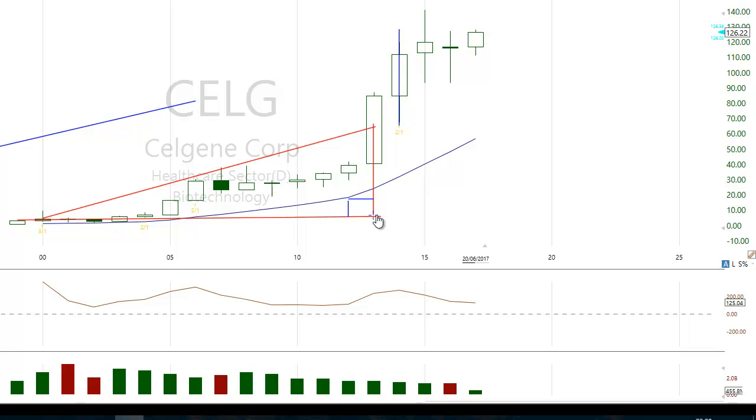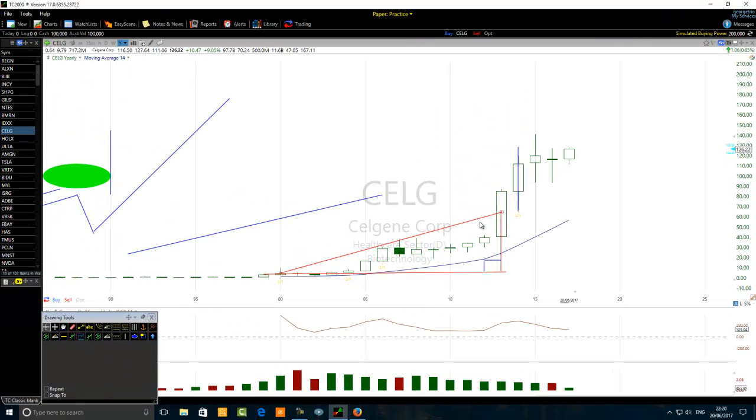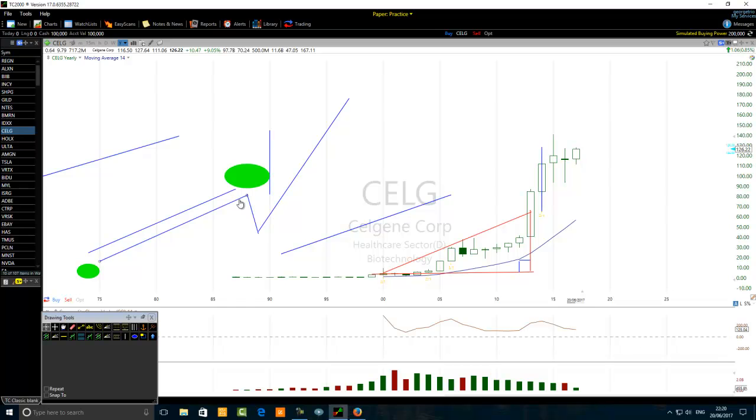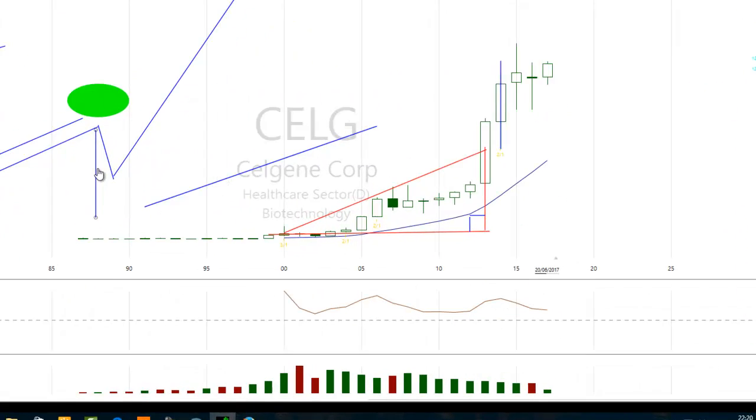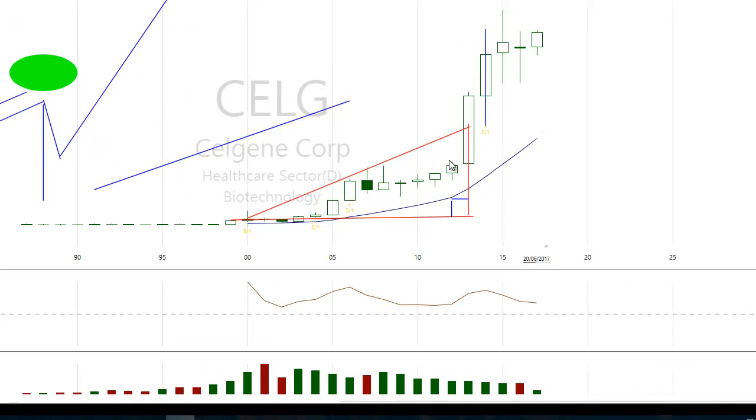So this is how I draw my triangle: from this closing price, connect it to this high here, draw the first line, and then draw another horizontal line to the point where the price starts going vertical. So instead of using the length and the magnitude of the normal price progression, I want to use the right angle triangle to set the profit target.